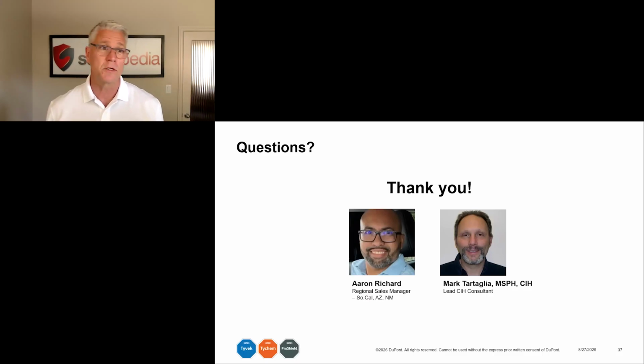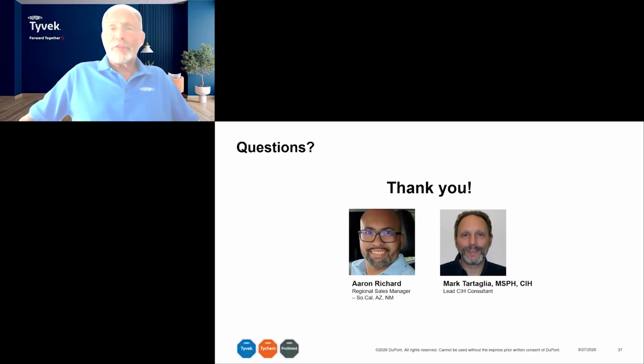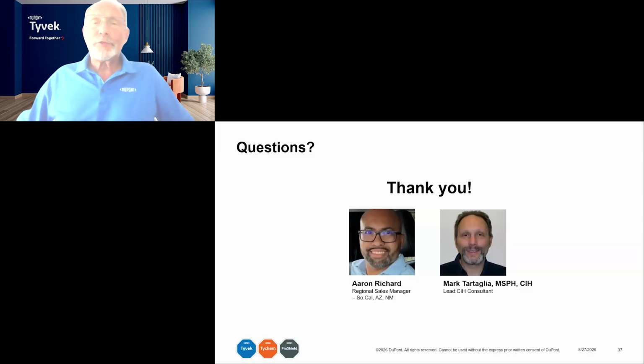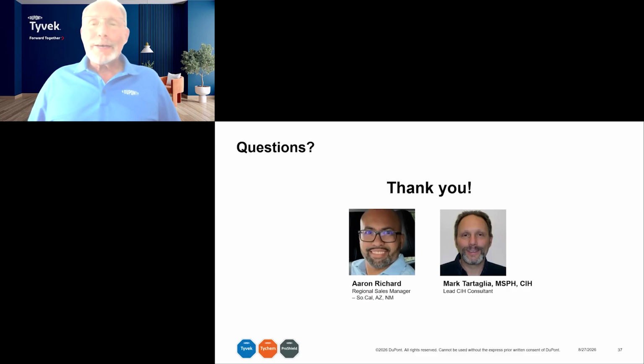The last question I have in the Q&A at the moment is, are the garments also tested against chemical vapor? There are chemical vapors that are tested that you can find in the database, things like ammonia, chlorine, and a variety of other things.